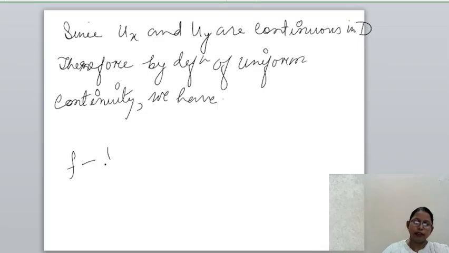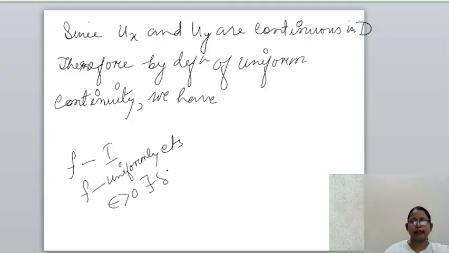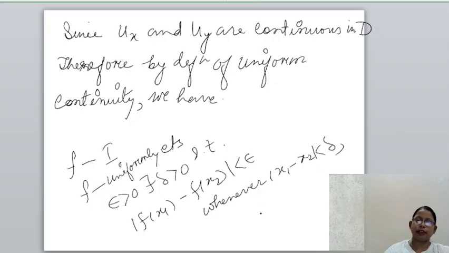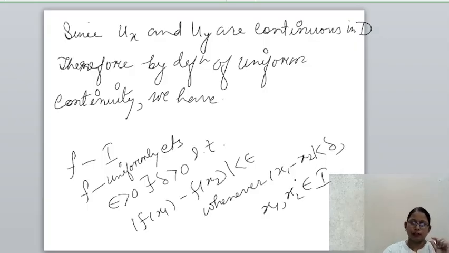If f is defined in an interval I, then f is uniformly continuous if for epsilon greater than 0, there exists delta greater than 0 such that |f(x1) minus f(x2)| is less than epsilon whenever |x1 minus x2| is less than delta, where x1, x2 belong to the interval I. That means for each small interval we will get some delta corresponding to which this inequality holds.